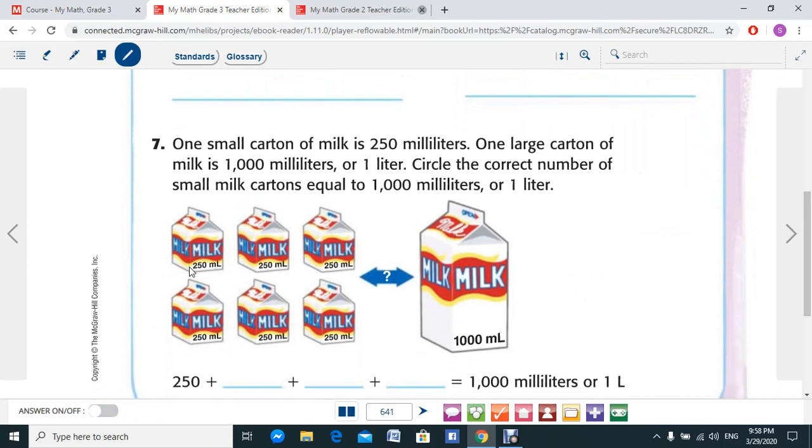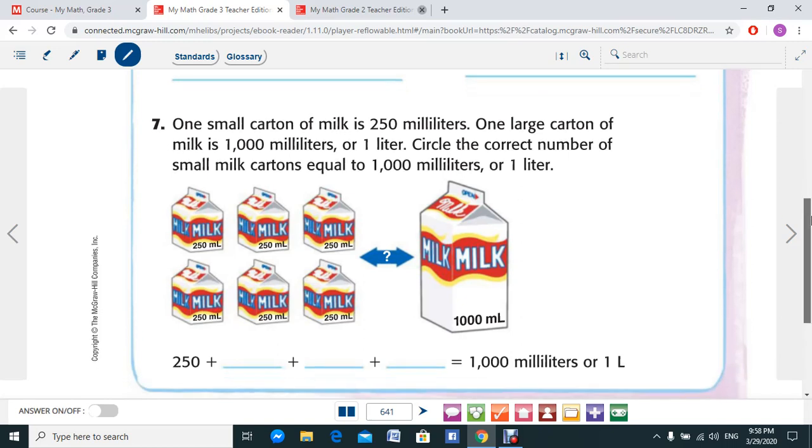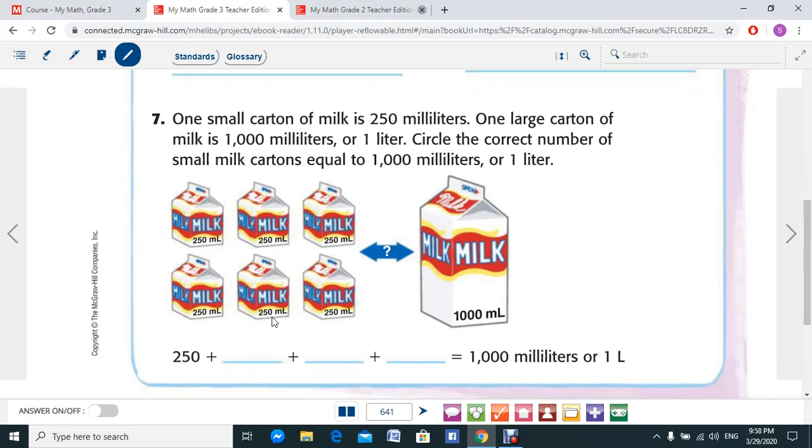Let's try. 250 plus 250 is 500. 500 plus 250 is 750. Plus 250 is 1000 milliliters or 1 liter, which means we need 4 small cartons. So you will add 250 each time until you reach 1000 milliliters.